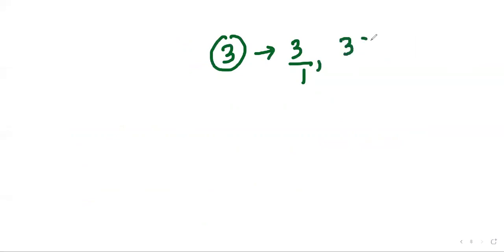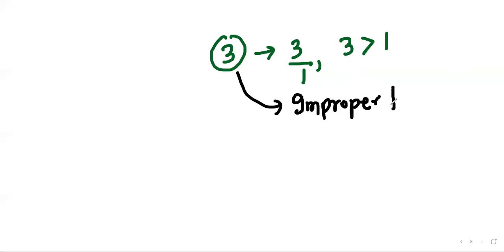This 3 is greater than 1, and we can understand that the numerator is greater than the denominator. In this case, it is an improper fraction, right?